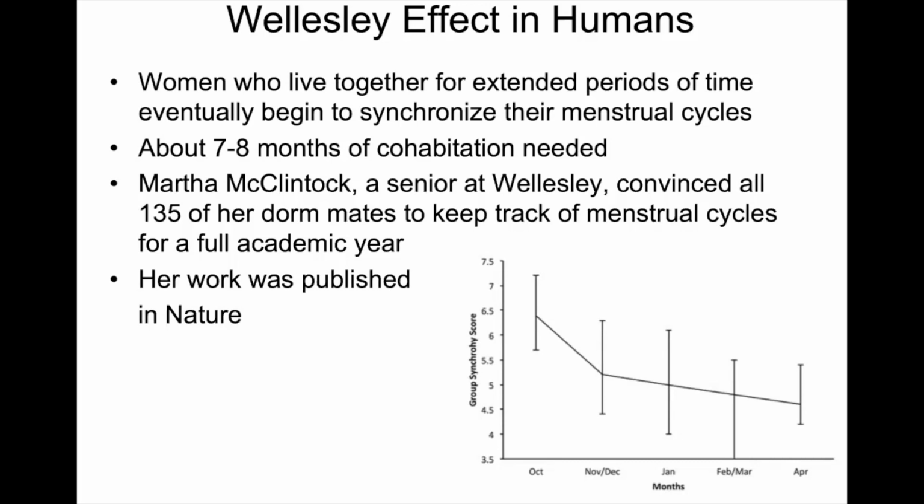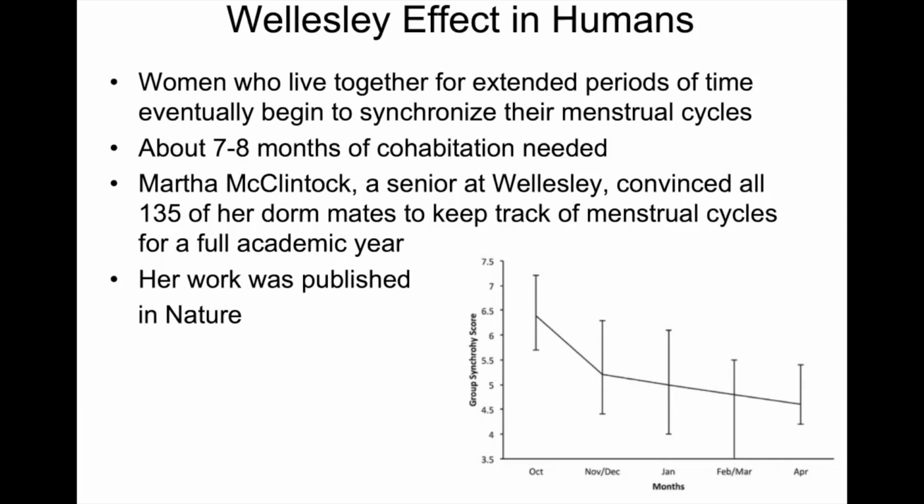Martha McClintock, a senior at Wellesley, convinced all 135 of her dorm mates to keep track of menstrual cycles for a full academic year. And she eventually published her work in Nature, arguably the most important and prolific scientific publication that exists.